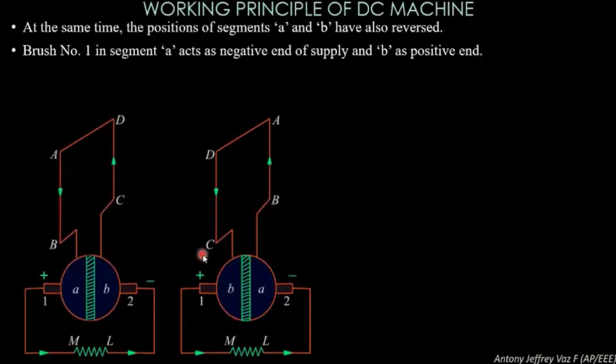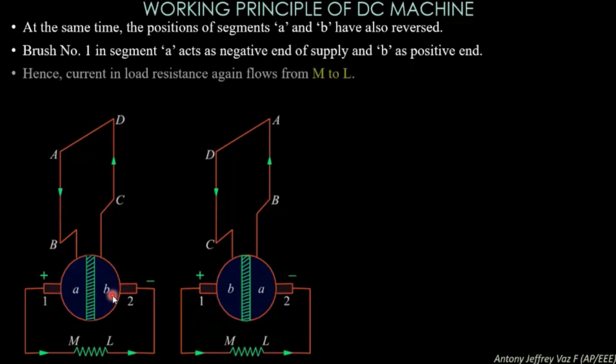So how does the current flow, ABMLCD or DCMLBA? In whichever direction it flows, the supply current starts flowing from M to L. So a unidirectional current is being achieved with the help of split rings.